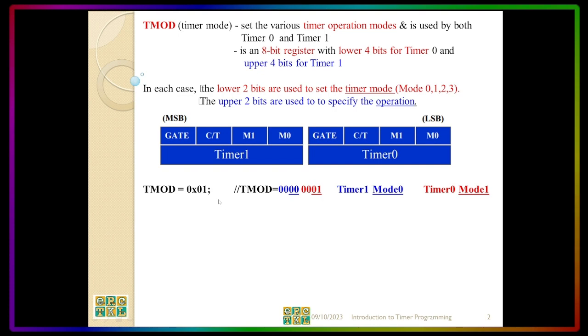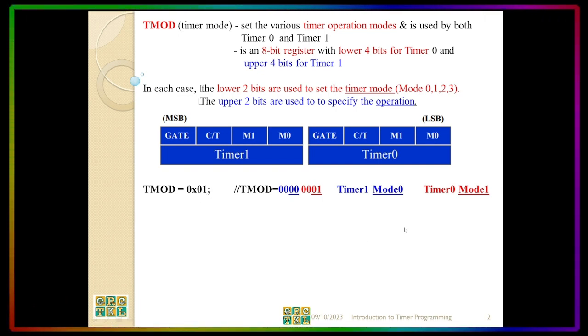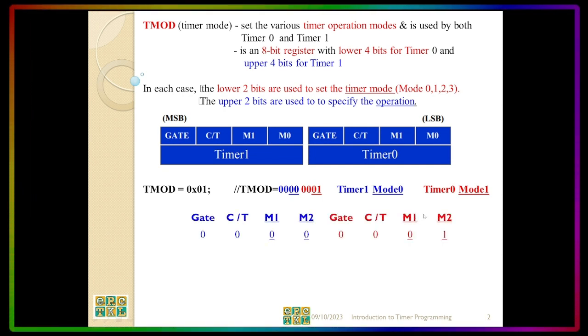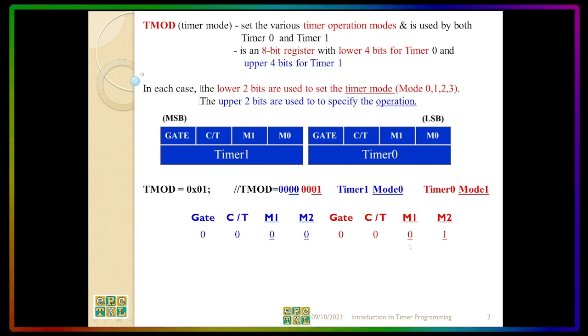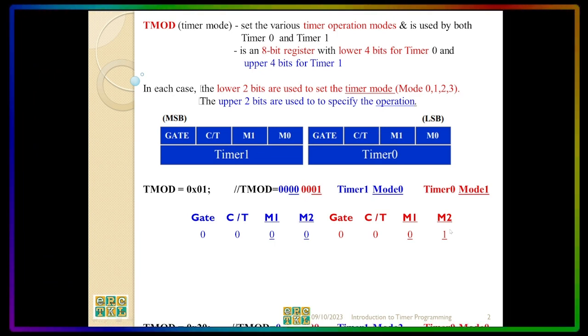Since timer 0 is the one with the value of 1, then we may say in general that we really want to use timer 0 in mode 1. This is how it will be distributed on the gate, C/T, M1, and M0 of timer 1, and this is timer 0: gate, C/T, M1, and M0. So the M1 and M0 part of each of these timers represents the mode.